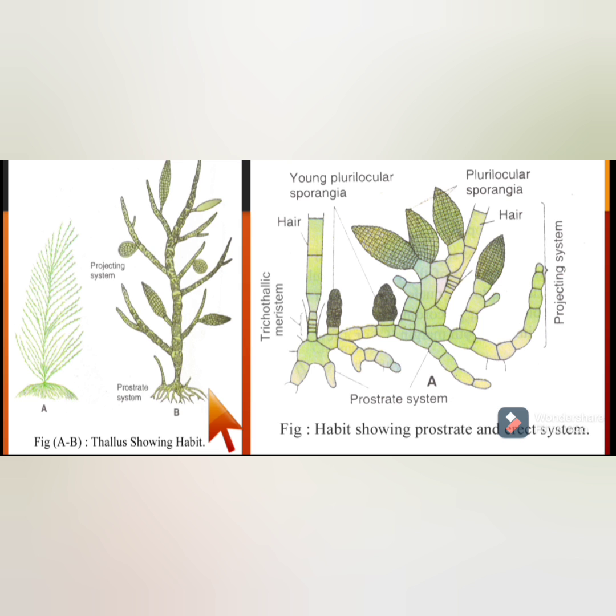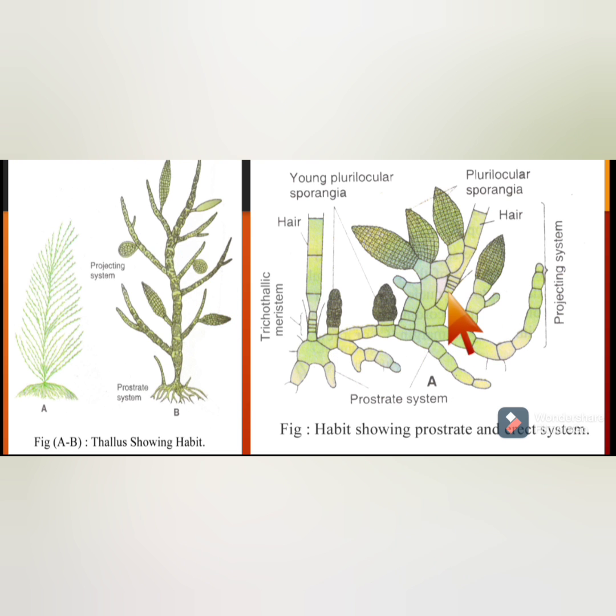So in those free floating species, the prostrate system is not well developed. It is more developed in the attached forms than in free floating forms. And in some species, the prostrate system is endophytic, that means it grows within the supporting plant.